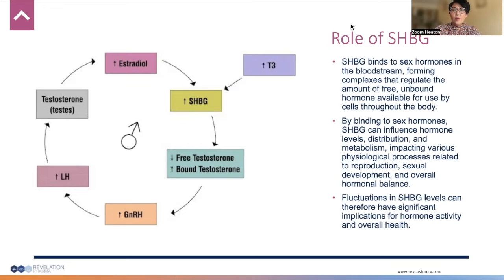SHBG-bound hormones are considered bound or inactive, whereas a small fraction of sex hormones remain unbound or free in their biologically active form. So it's the free fraction of sex hormones that is available to exert physiological effects in tissue, as they can freely pass through cell membranes and interact with hormone receptors.